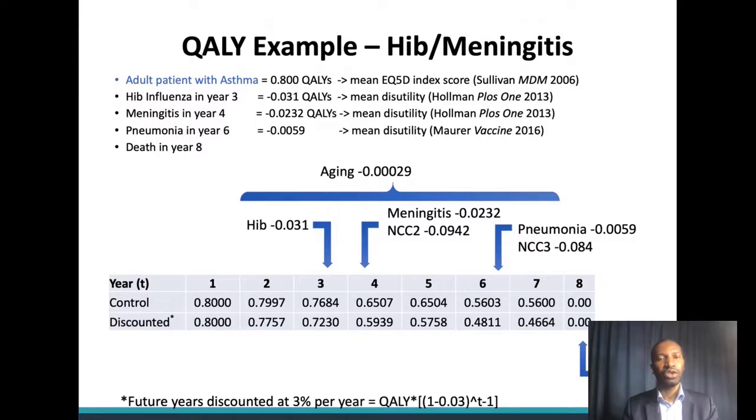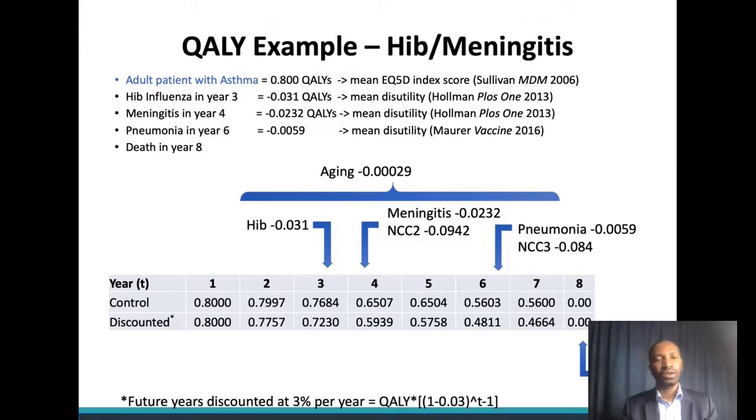And then in year 2, there's a reduction in QALYs of 0.0029 due to aging, giving us 0.7997. And in year 3, we have not only a reduction in QALYs due to HIB influenza of 0.031, but we also have a reduction in quality-adjusted life years due to aging. So these two together leave us with a QALY of 0.7684 in year 3, and so on and so forth.